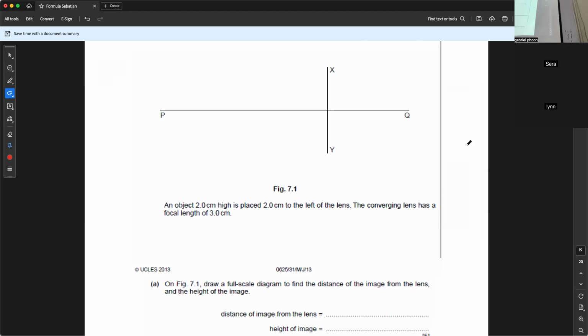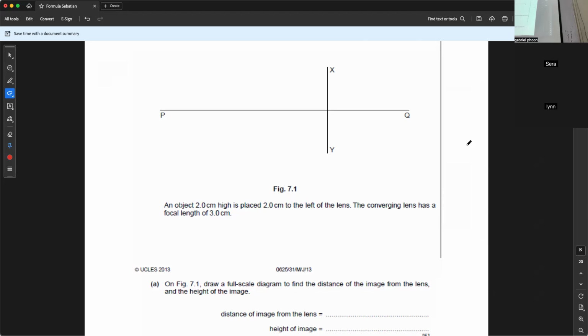Hey, my friend, I don't think you're reading the question. The object is at 2.75, and it is placed 2 centimeters to the left. Where's the left of the lens? This is the lens, right? Do the next part.